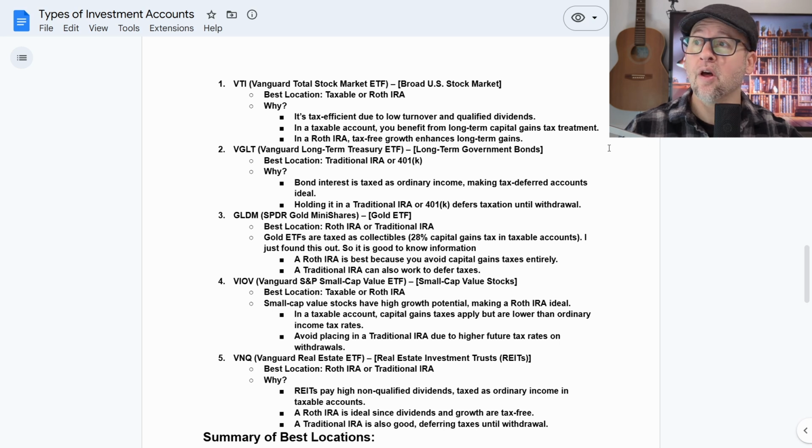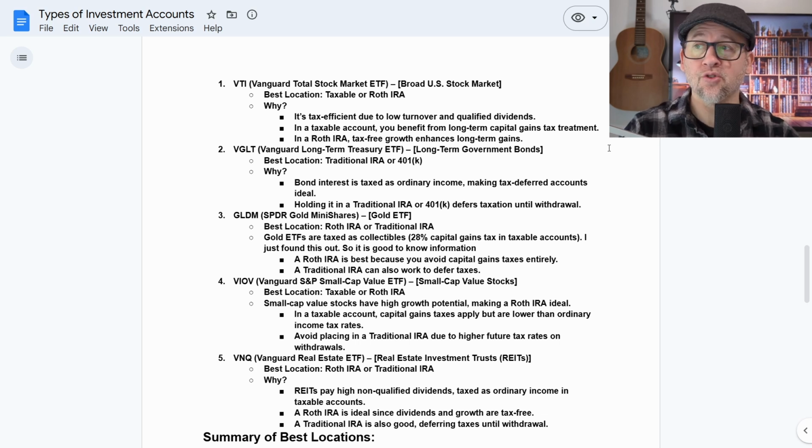VGLT, Vanguard Long-Term Treasury ETF. This is a long-term government bond. Best location is probably in your traditional 401k or your traditional IRA. Why? Because bond interest is taxed as ordinary income, making tax-deferred accounts ideal.